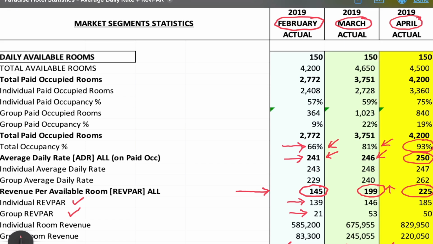RevPAR has another trick up its sleeve. It's not just revenue generation that is optimized when you combine occupancy percentage with average daily rate, which means a RevPAR strategy. RevPARs ultimately end up achieving better rooms division profitability.